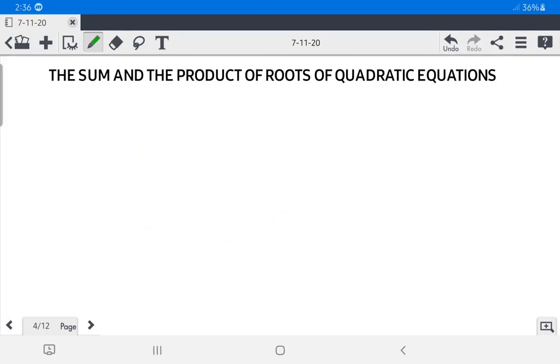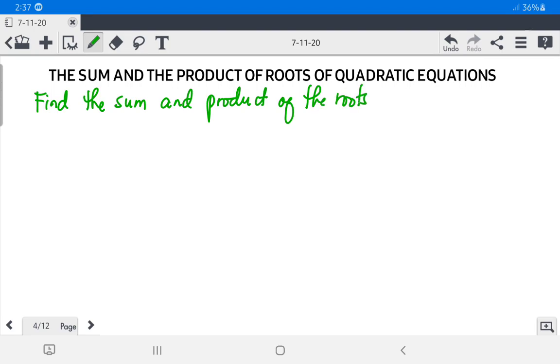Let us find the sum and product of the roots of each quadratic equation.